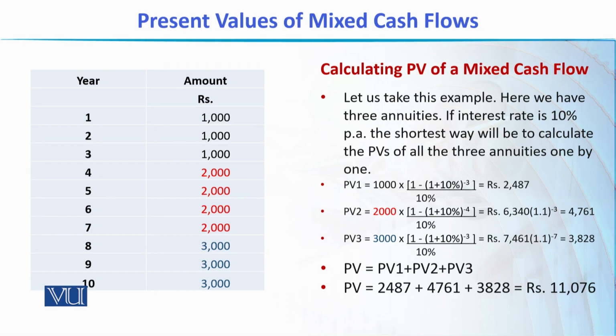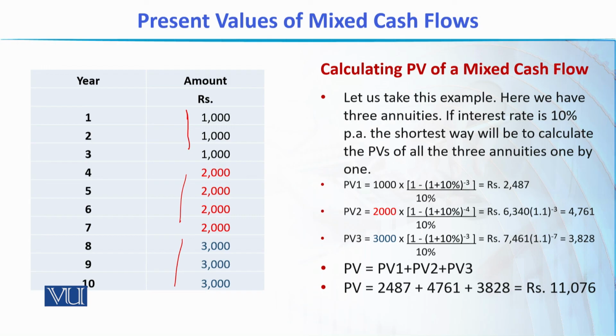Why do we do this? Let's have a look at our calculations. We have got three annuities: 1000, 2000 and then 3000.